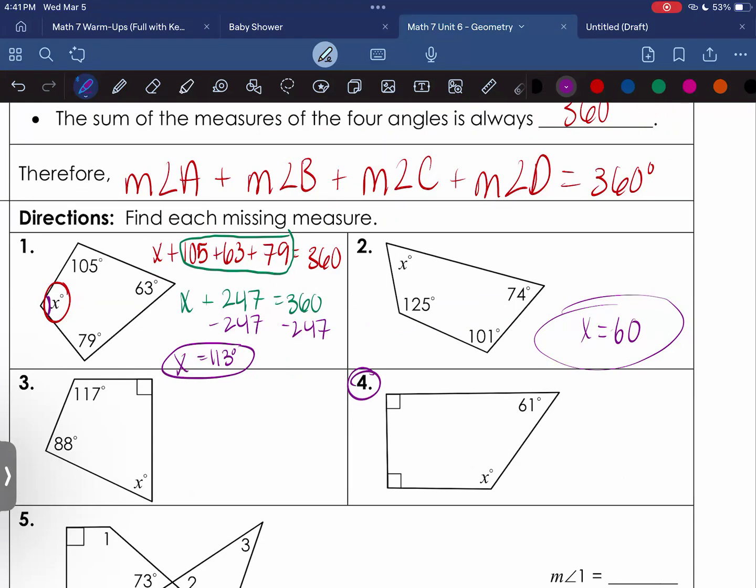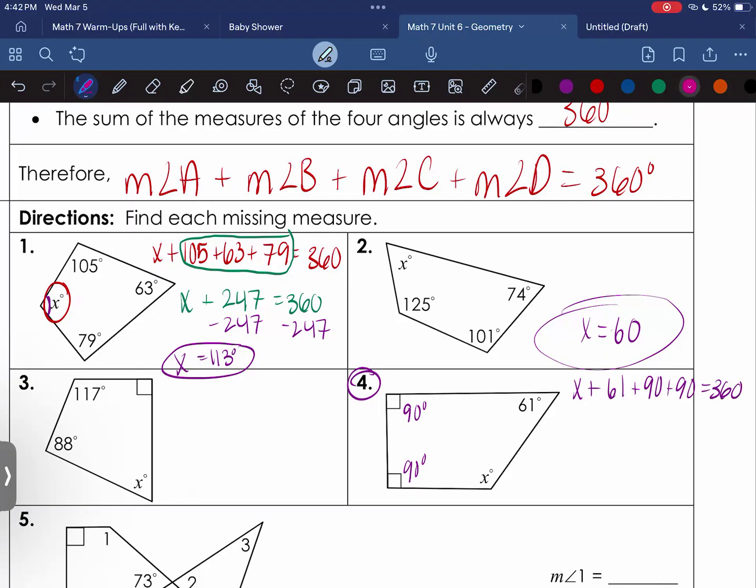Okay, you should have paused on number 4. So even though they didn't give us specific numbers for all of the angles, we know because these are right angles that these are both 90 degrees. So our equation would be x plus 61 plus 90 plus 90 equals 360.